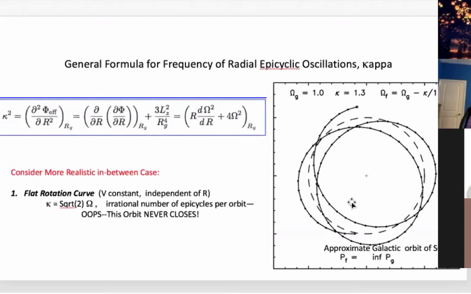The pattern would move around, and different stars would enter the pattern. If they're on faster orbits than the pattern, they'll catch up to the pattern, move into the pattern, and then leave the pattern, exiting, leaving it behind. Or if the star is moving slower, the pattern might catch up to the star.